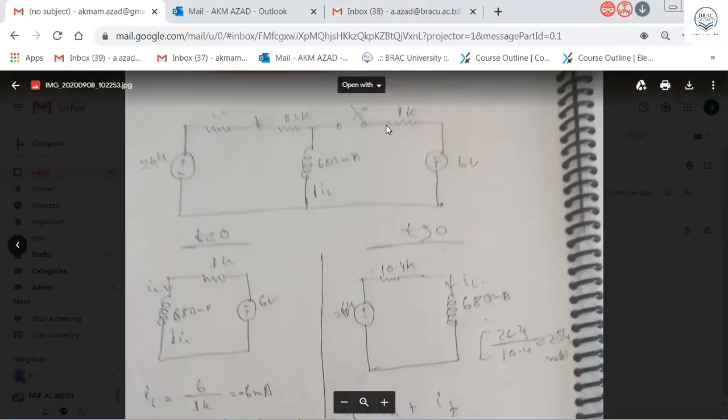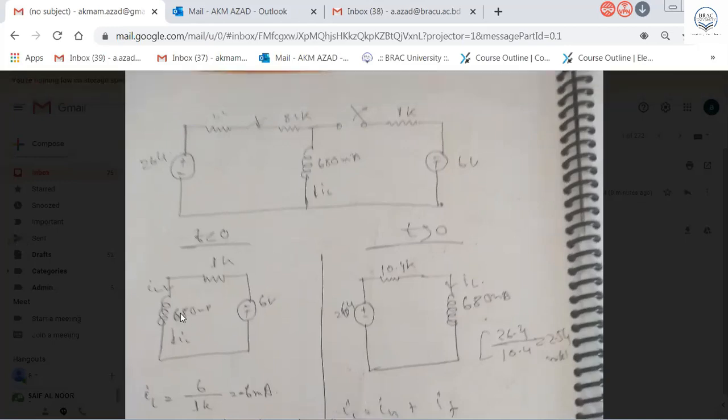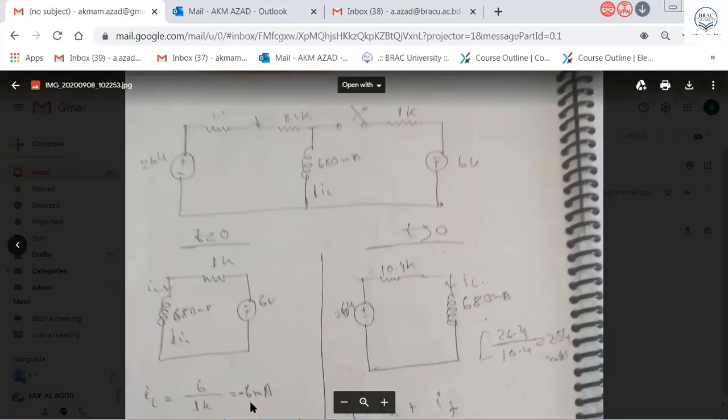At that time the switch was closed and switch 1 was closed, and the 6 volt supply was feeding the 680 millihenry inductor through the 1K, and that gives the initial condition, which he found to be minus 6 milliampere.